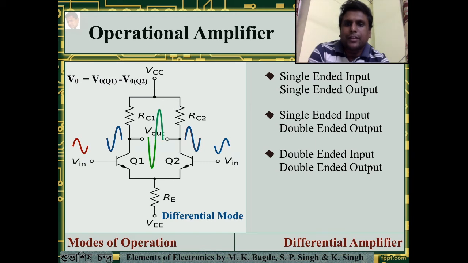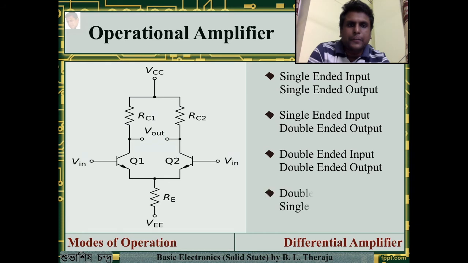So here the differential mode signal is not only accepted, it is amplified as well. So a double-ended input, double-ended output differential amplifier will reject the common mode signal and will accept the differential mode signal. Let us see what a double-ended input, single-ended output differential amplifier does.